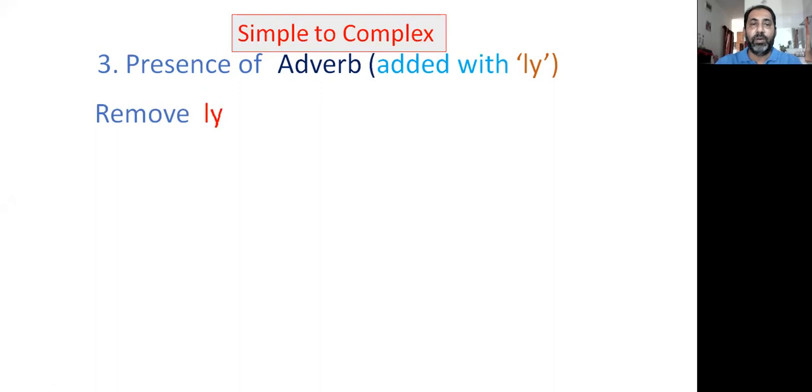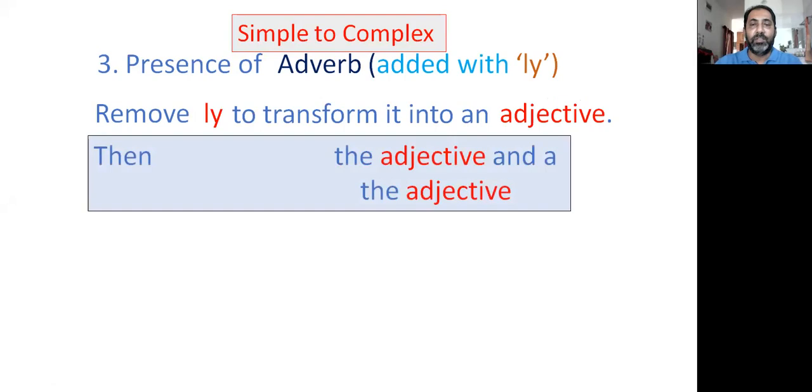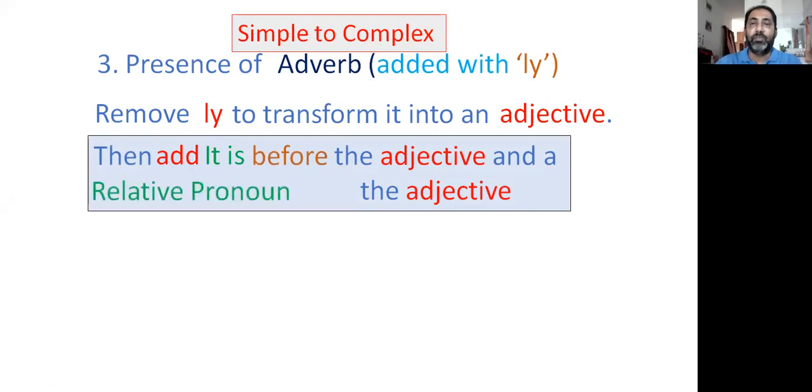Remove ly to transform that adverb into an adjective. Then add it is before the adjective and a relative pronoun after the adjective. Then the sentence will be a complex sentence.